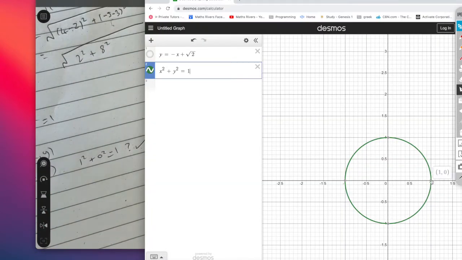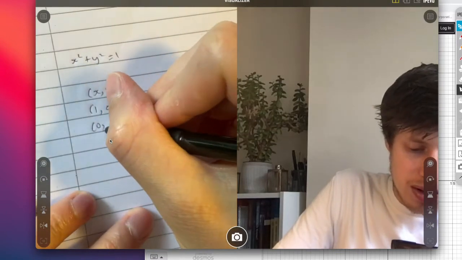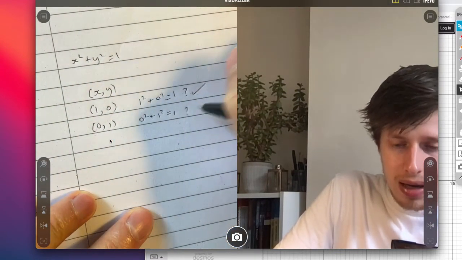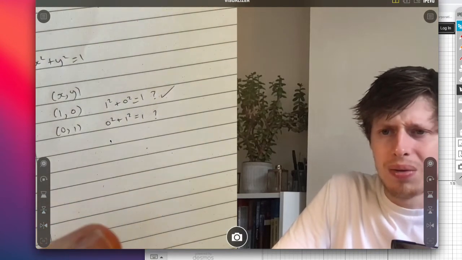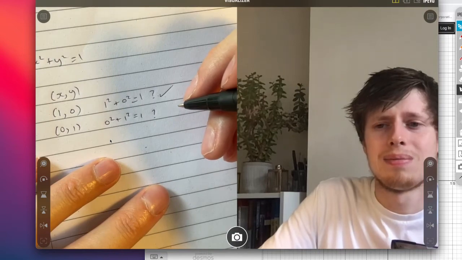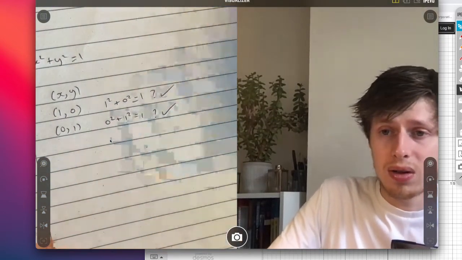It's here, 1, 0. Can you see? So we plotted that one, and everything is right with the world. You can do the same thing with this one. We check if that is on the circle, and everything's fine.